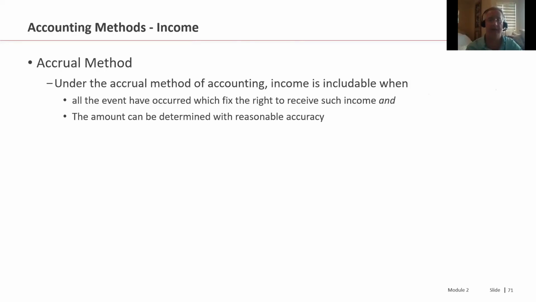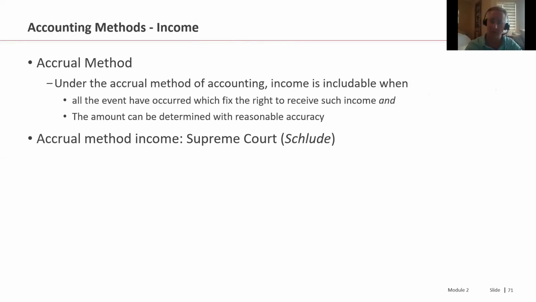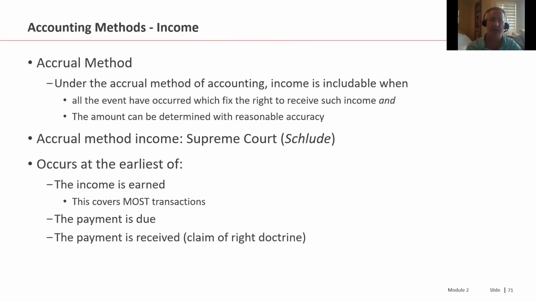Accrual method. Under the accrual method of accounting, income is recognized when all the events have occurred which fix the right to receive such income, and the amount can be determined with reasonable accuracy. Okay, that's great. What does it mean when all the events have occurred which fix the right to receive income? Well, the Supreme Court decided what that was because Congress didn't write it. And they said that's going to occur at the earliest of: the income is earned.